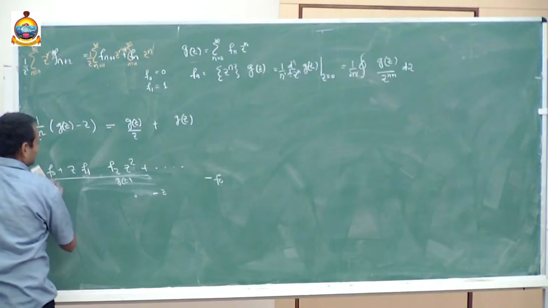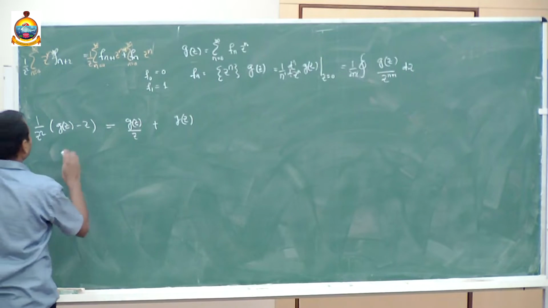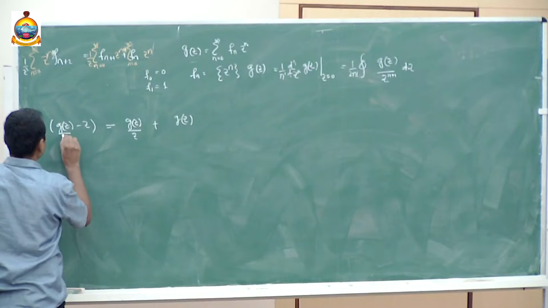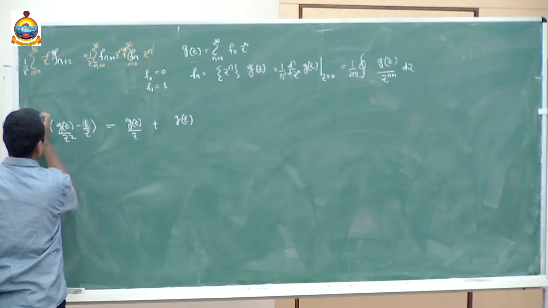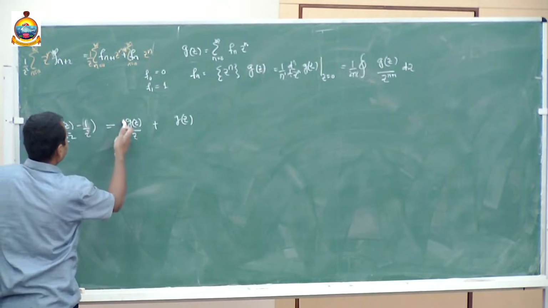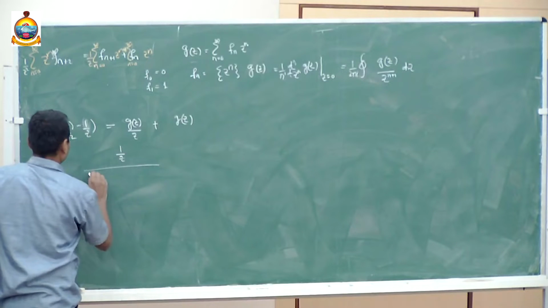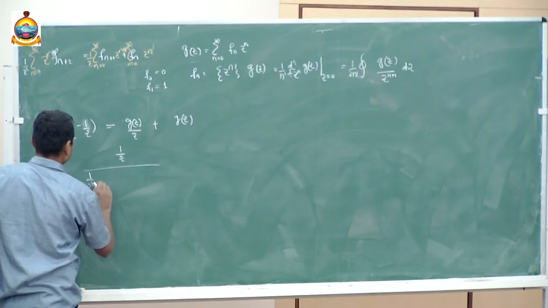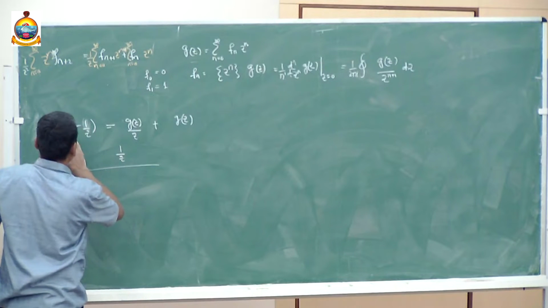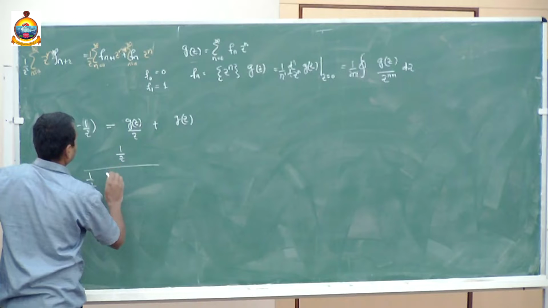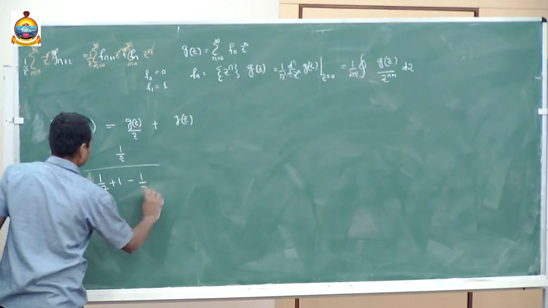Now this is just algebra, just try to find out what g(z) is. So g(z) by z squared, and this is 1 by z. Now this one I will take to the other side. So this is 1 by z whole divided by 1 by z squared. Then 1 by z plus 1 minus 1 by z squared.